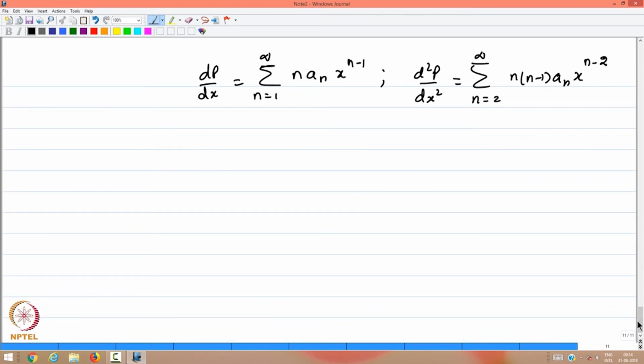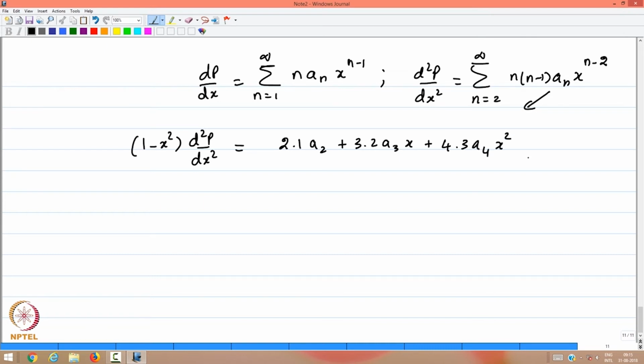Therefore, we have to find the term 1 minus x square times d square p by dx square. So, let us write this explicitly. The 1 times d square p, the first term will be 2 into 1 into a2 plus 3 into 2 times a3 x plus 4 times 3 a4 x square, plus 5 into 4 a5 x cube plus etc. I am expanding the series.